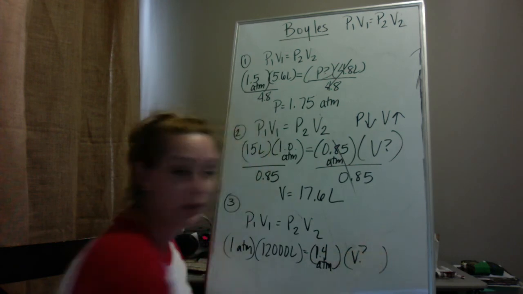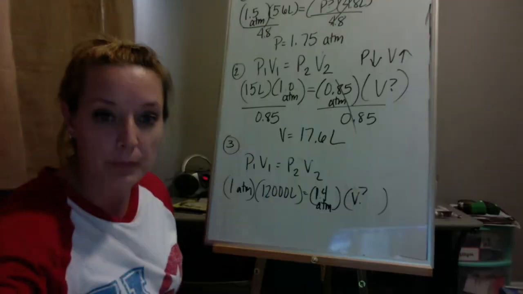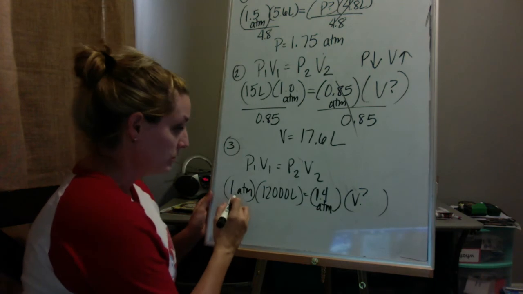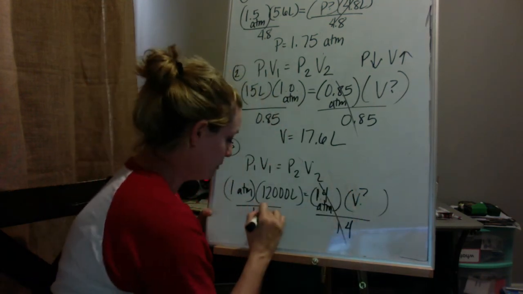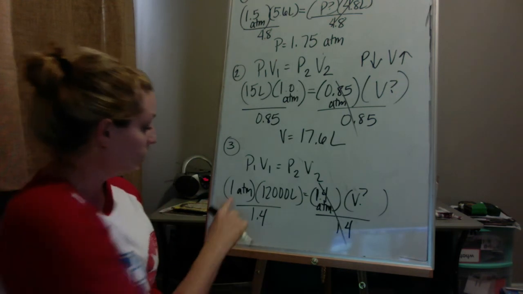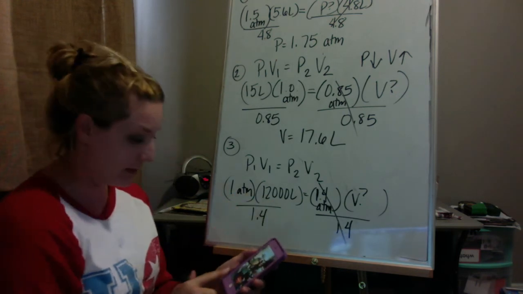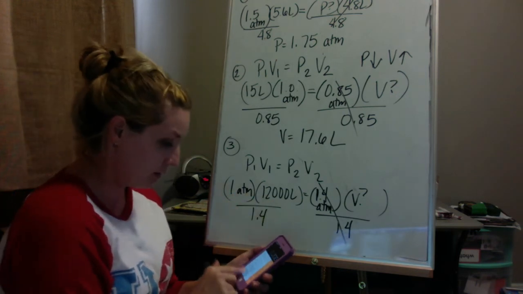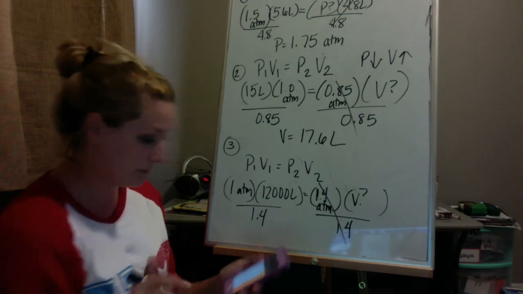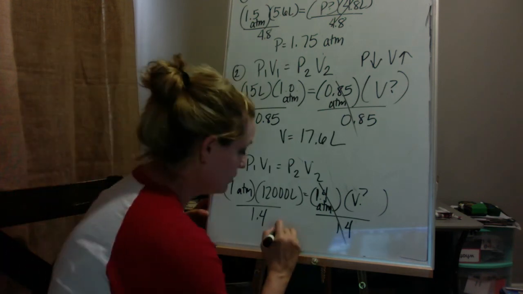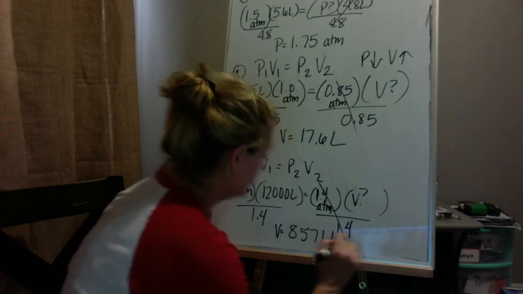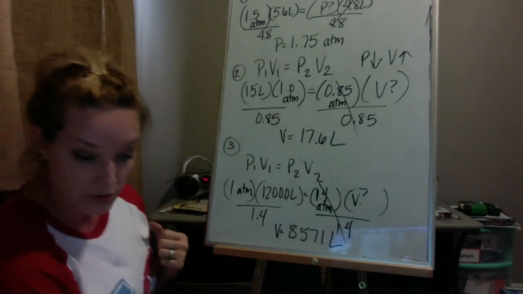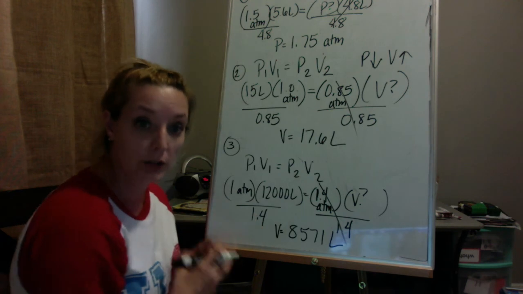What's going to happen to the volume, right? So now, I've got to divide by 1.4. 1 times 12,000 is 12,000. So 12,000 divided by 1.4. The new volume will be 8,571 liters. Right?